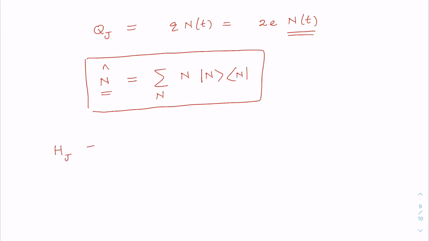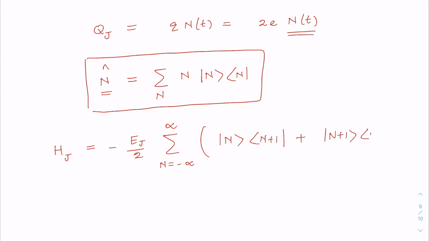The Hamiltonian can be written in this form. We have Hj equal to minus Ej by 2, summed from n equal to minus infinity to plus infinity, and a Cooper pair is tunneling from one island to another one, and it has to be Hermitian, so we have to have a term like this as well.